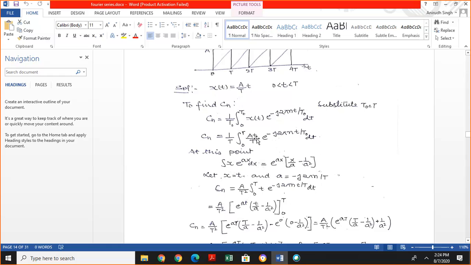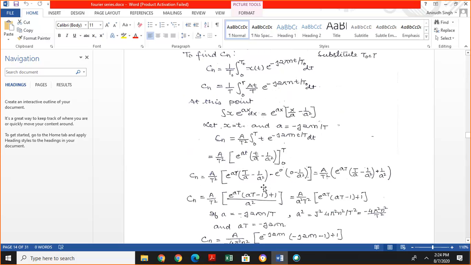Here, if we assume that x is equal to t and a is equal to minus j 2 pi n divided by T, then the value of Cn is A divided by T square, integration 0 to T, of x exponential ax dt.